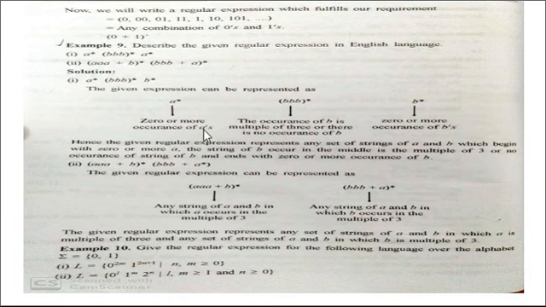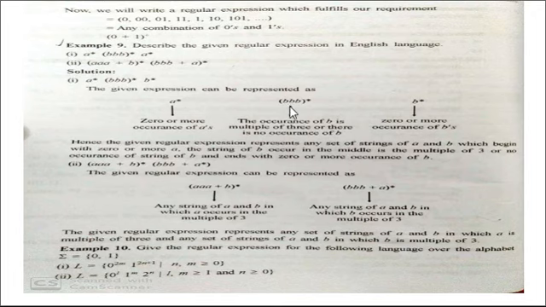Are you getting all? You will understand with the help of an example. Zero occurrence means null. More occurrence means a, double a, triple a, like up to 10 times.